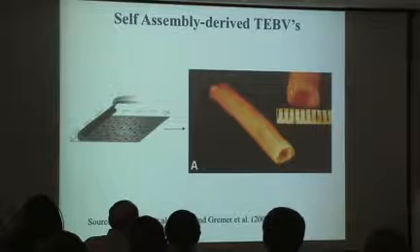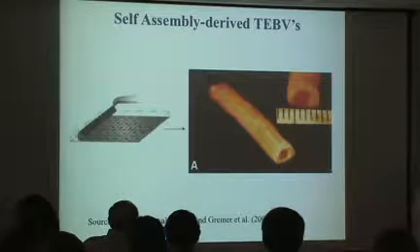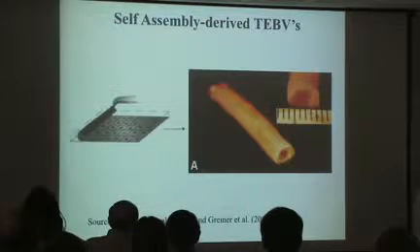A third approach that we're working on is a collaboration with Francois Auger's group in Quebec. This is called the self-assembly approach, and this is where cells are cultured on a tissue culture dish for long periods of time in supplemented media, and eventually these cells begin to lay down extracellular matrix and form thin tissue sheets. These tissue sheets can be pulled up and rolled around a mandrel to form a tissue-engineered blood vessel.